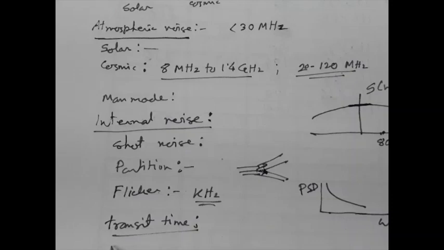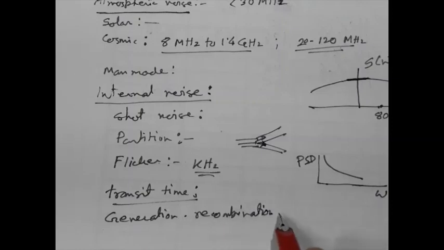So there is another noise called generation recombination noise. In semiconductor devices, some impurity centers will be ionized on a random basis, being energized thermally. Thus the random generation of carriers occurs in semiconductor devices.